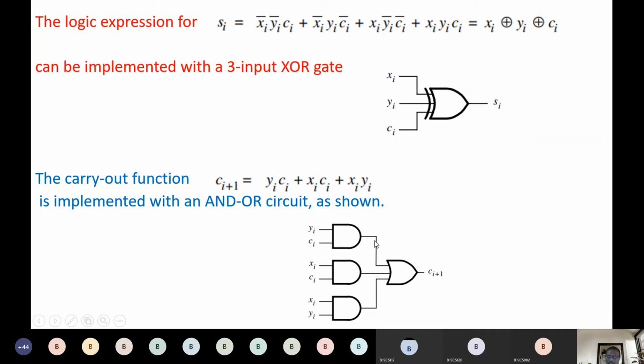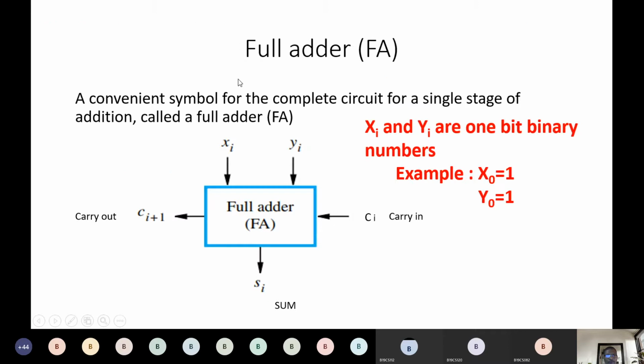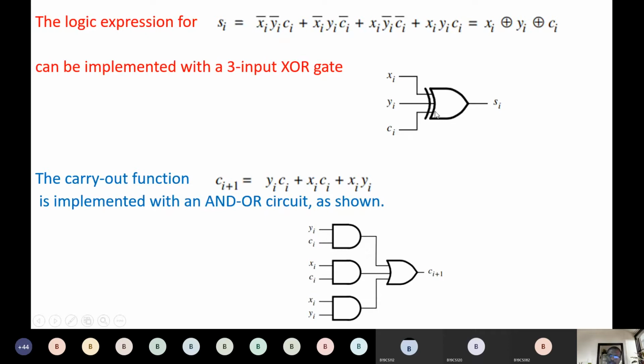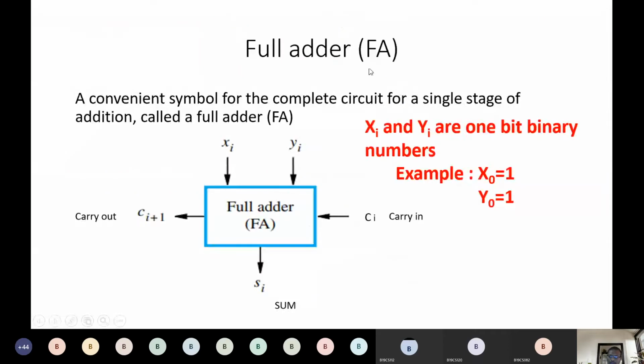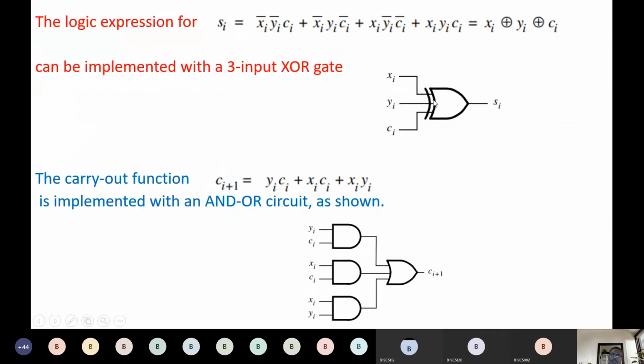Okay, and we need to combine these two, and we make an adder. We call this one a full adder. So this full adder does two things. This is the adder, the full adder. The output of the full adder will be the sum Si, and also the carry out expression.